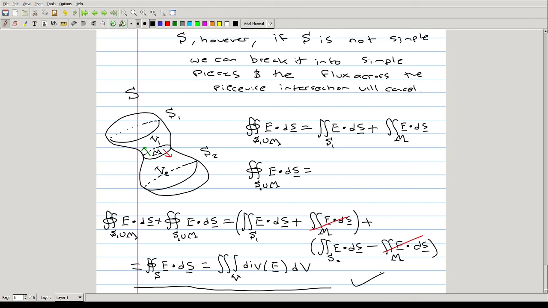This gives us the proof of Gauss's theorem, and we'll now go over a bunch of different applications of this to show how we can use it in practice.